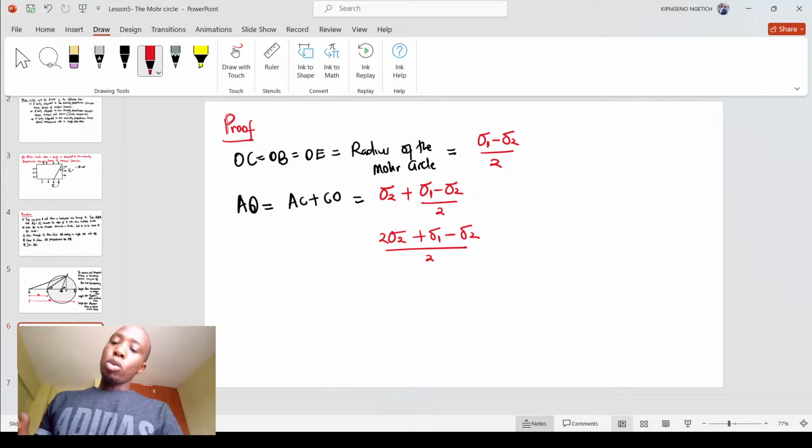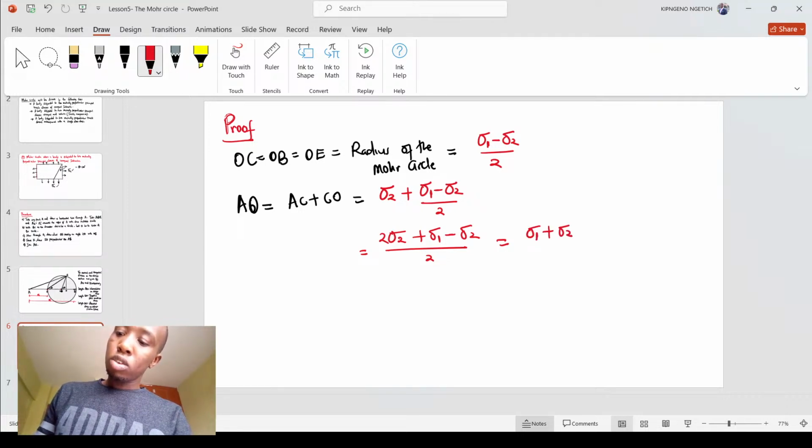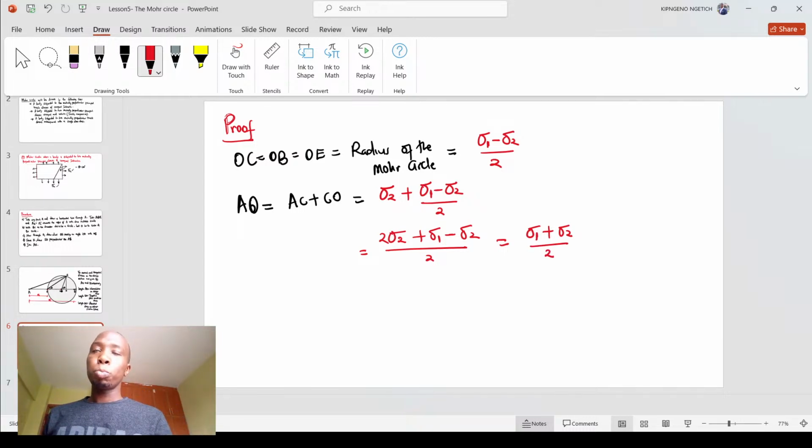That will also be equal to 2 stress 2 minus stress 2 will be stress 2. So it will be stress 1 plus stress 2 over 2. Okay? That will be stress 1 plus stress 2 over 2.